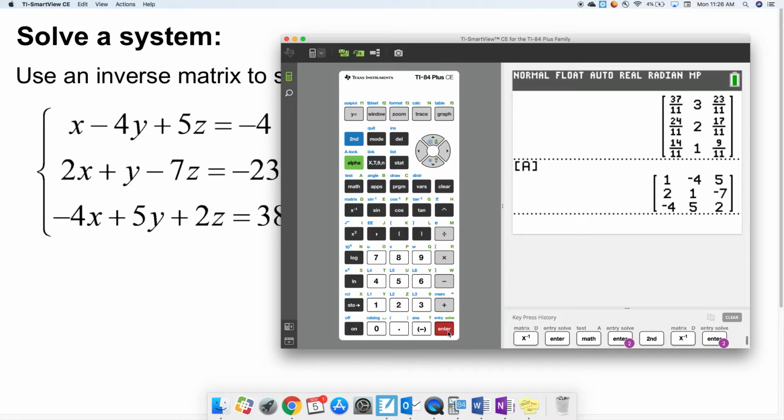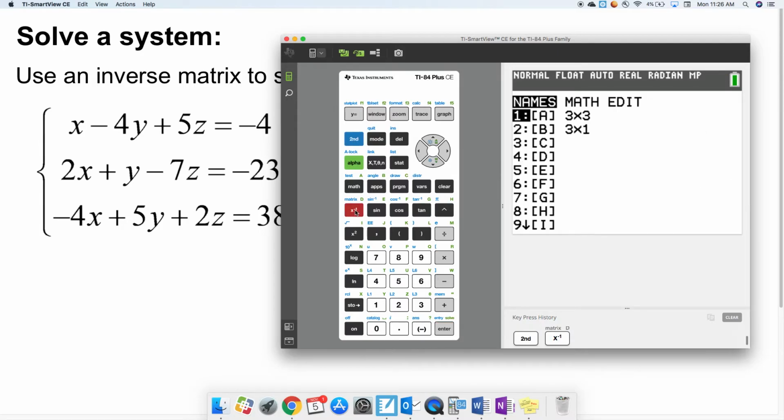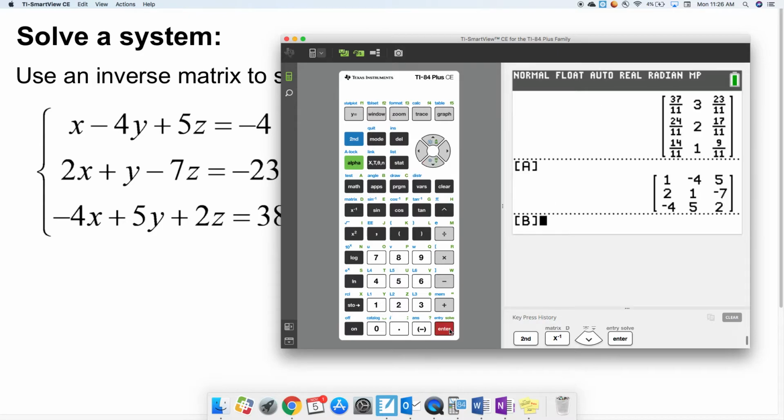We also got to put in matrix B. That's going to be our constant matrix. We don't need to put in the variable matrix. We just need the A matrix and the B matrix. Okay, so then I would go to my matrix menu. You could go with me. And leave A alone. You already have that one in there.